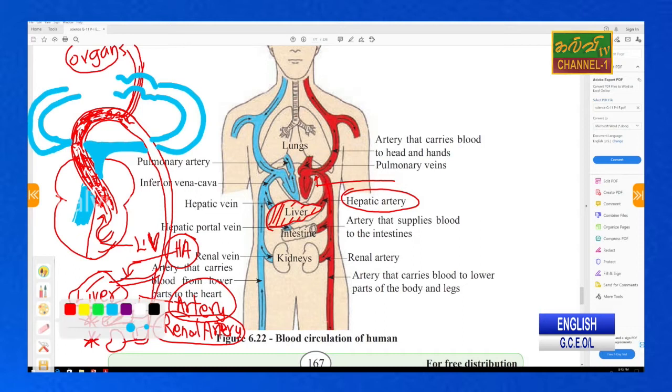So now we just consider the lungs. This is the lungs. So this is called the pulmonary artery.